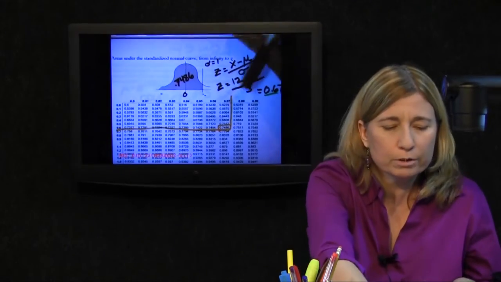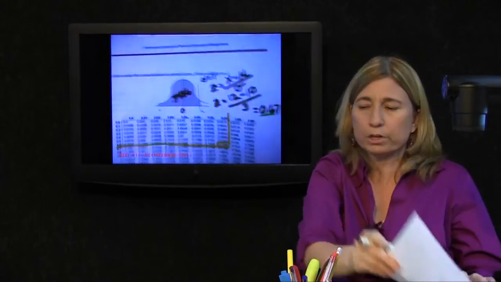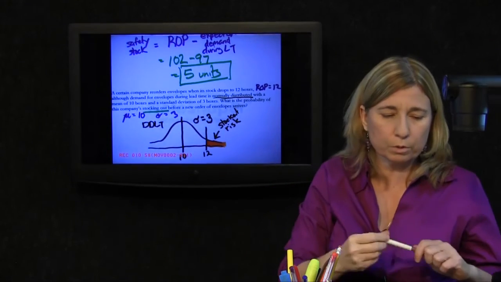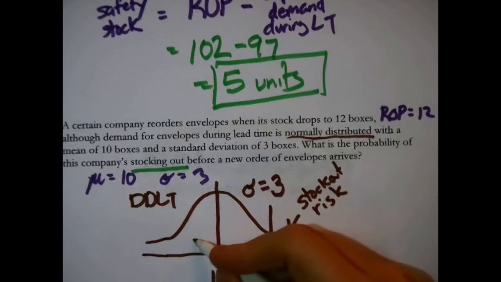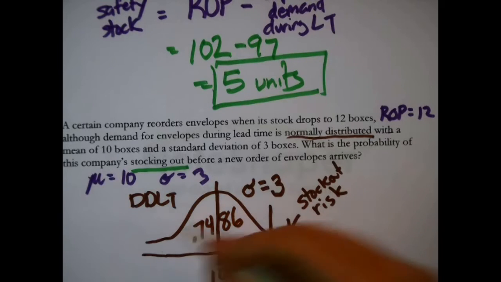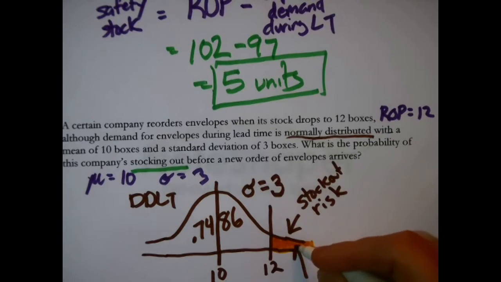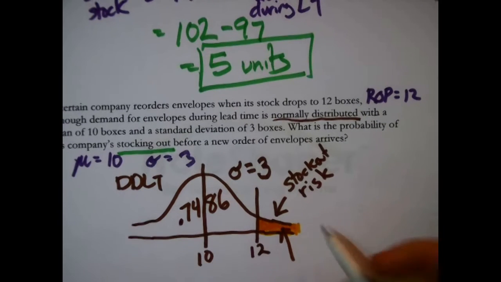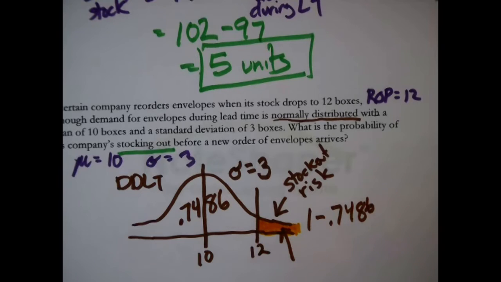Oh, now wait, maybe we better return to our own particular situation. That was this one. So what we found out is 0.7486 of the curve is caught to the left. We want to know how much of it's caught to the right, so we say 1 minus 0.7486, or 0.2514, or basically 25%.